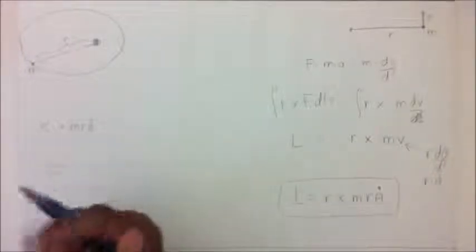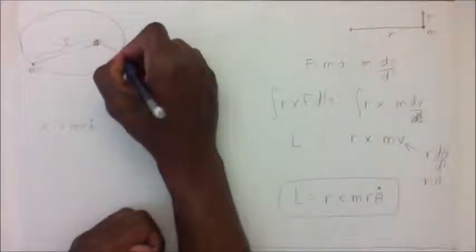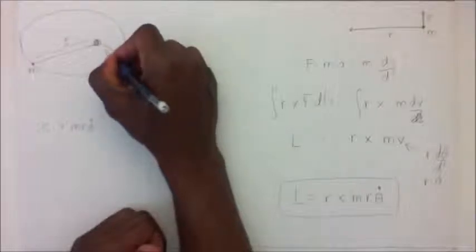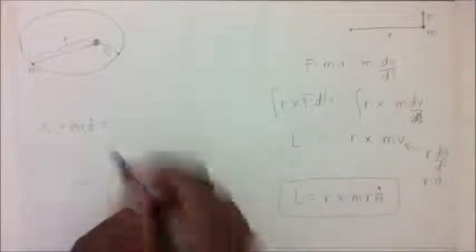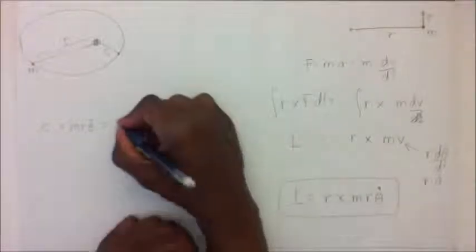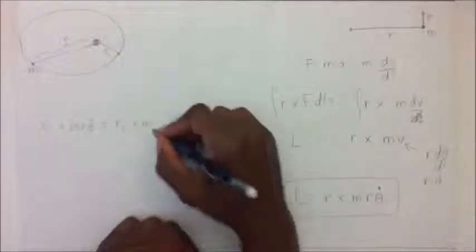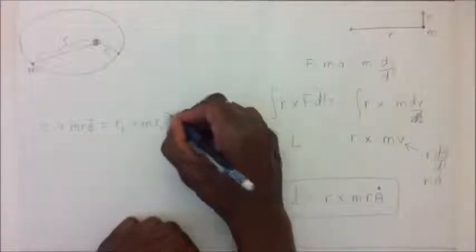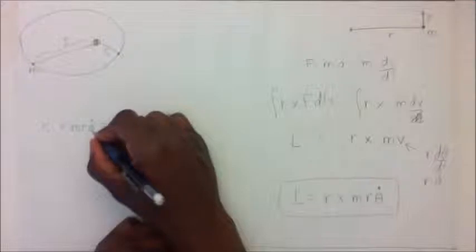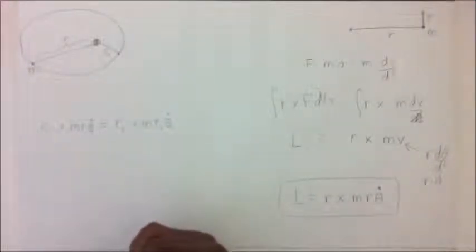Now let's look at a different segment of the orbit, over here where r is r2. Because angular momentum is conserved, the angular momentum should be equal. So it should be equal to r2 times the same mass, times r2 theta 2 dot. And over here is theta 1 dot, because granted, the rate at which it's going around is going to change.